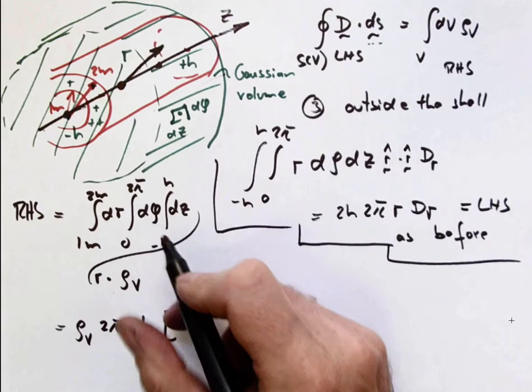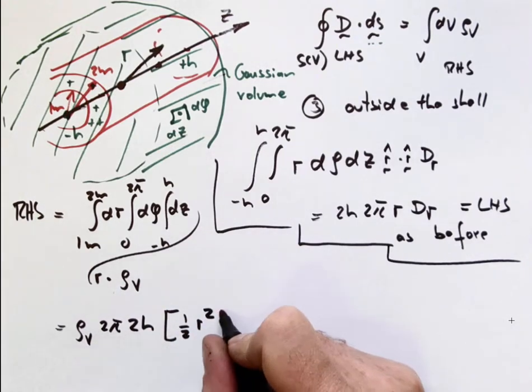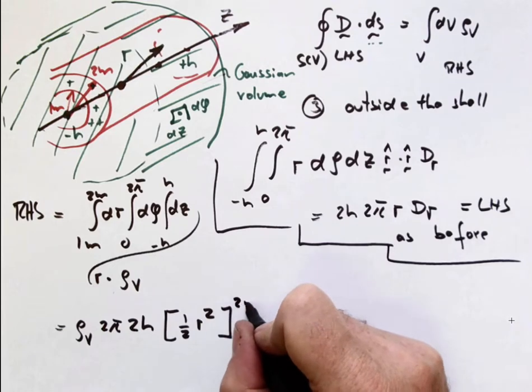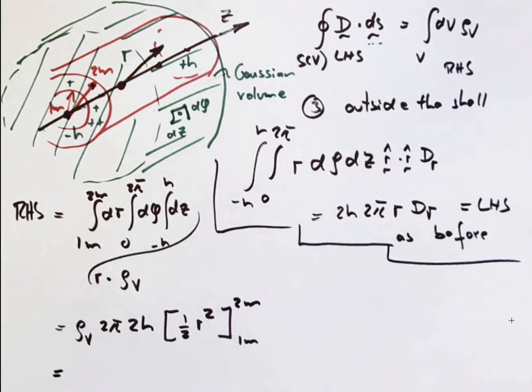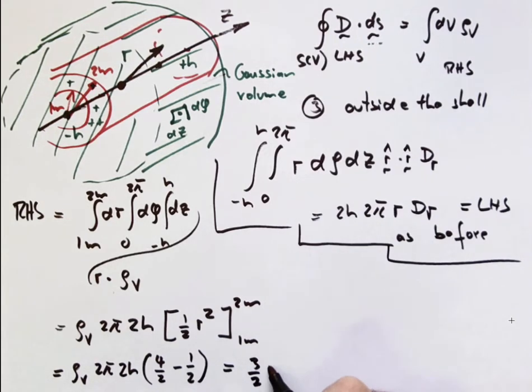The integral for r is 1/2 r squared, and the limits are 1 meter to 2 meter, and that's equal to rho v 2 pi 2h, and then we have 2 squared is 4/2 minus 1/2, so we get for the right hand side 3/2 rho v 2 pi 2h, and everything is still in SI units because we were considering meters, so we don't have to worry about unit conversions.